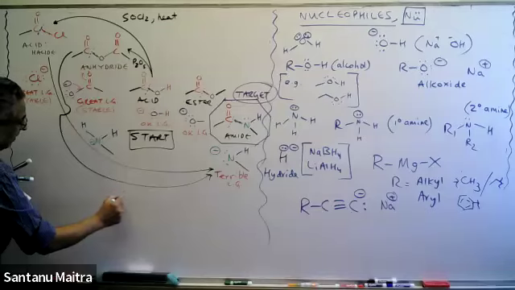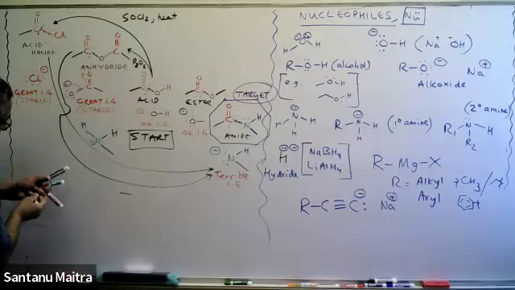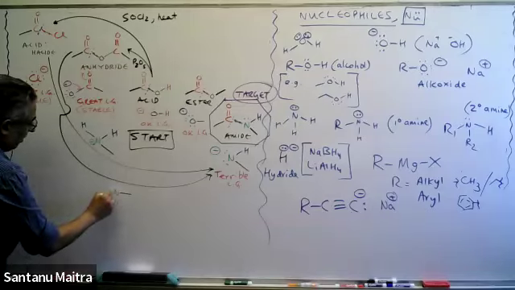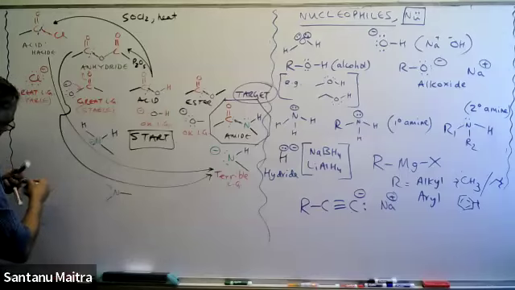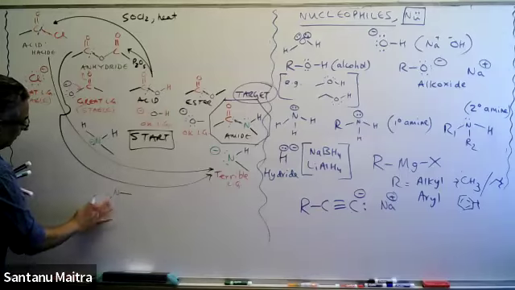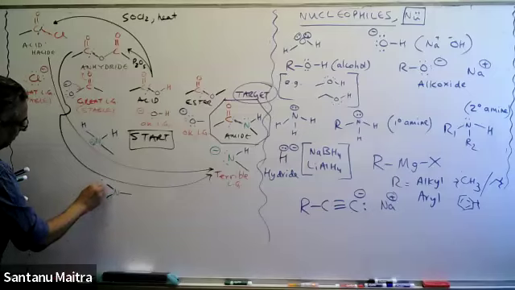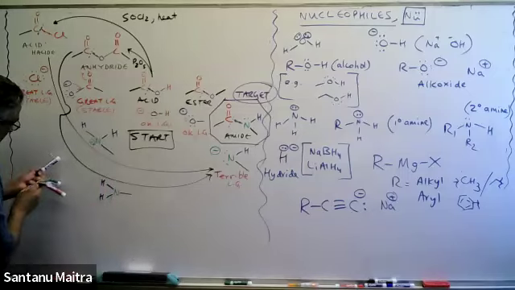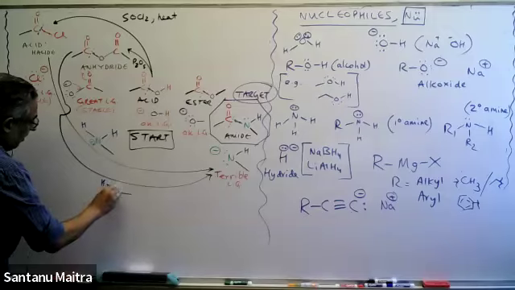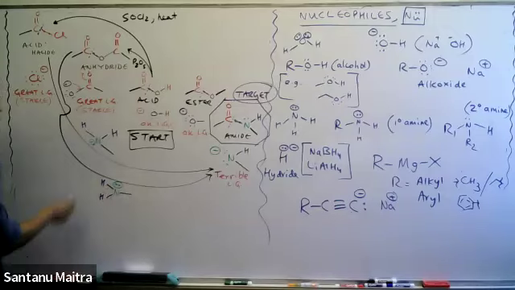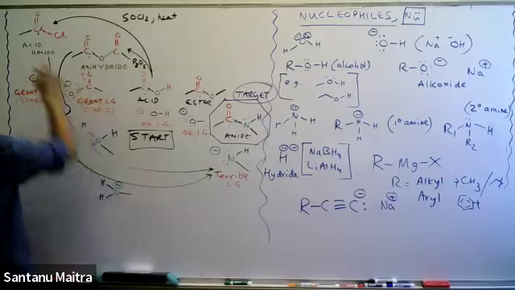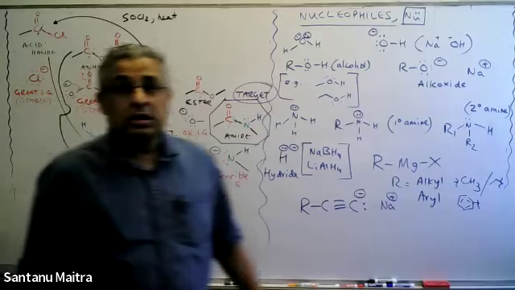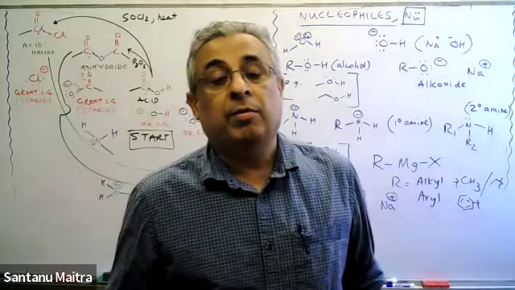You use the same amine, methylamine, with two hydrogens. This is what you use to go from here to here or here to here. Make sense? So this is how an amide bond is formed.